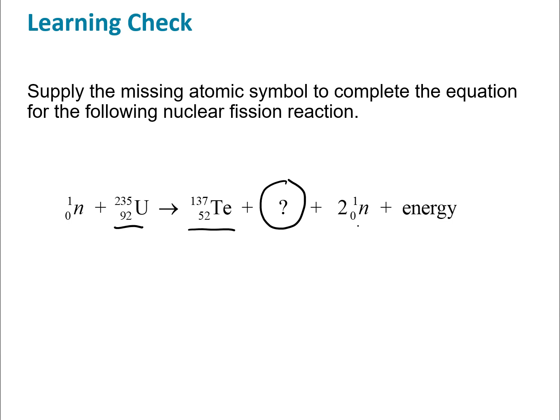We're also releasing two neutrons and a lot of energy. We've got to figure out the total mass number on this side. So we're going to take the 1 from the neutron plus the 235 from uranium for 236.